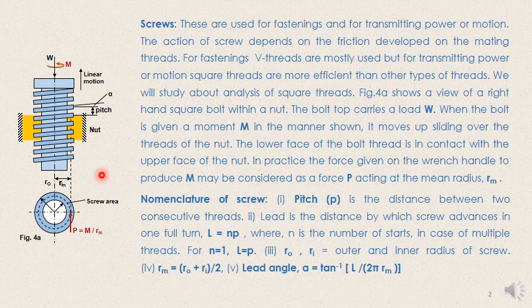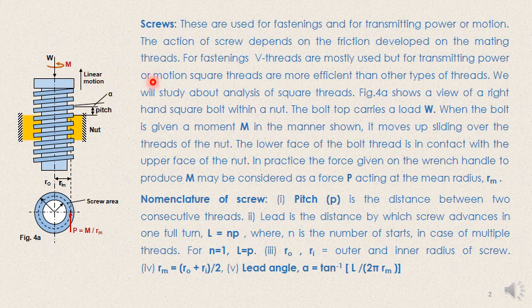Now, there is also another idea: that we are giving this moment M. In actual practice, how do we create this moment M? We have seen that we tighten the nut or the bolt head by using a wrench. Now the wrench has a handle.